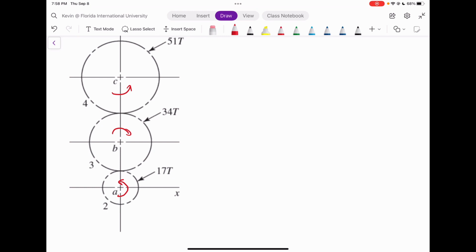Okay, so I'm going to draw gear 2 on the right side here, and label it with the different things that are going to happen. We're going to have a contact point at the top, and at the top we have a force F32 with a tangential component, F32T, and a radial component, F32R.